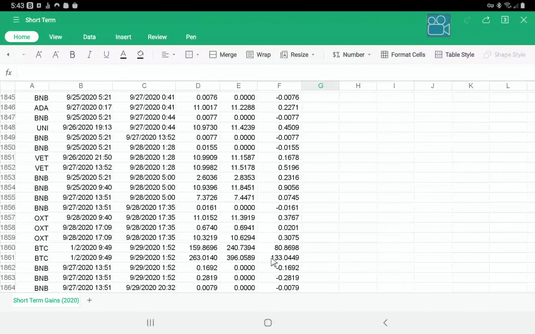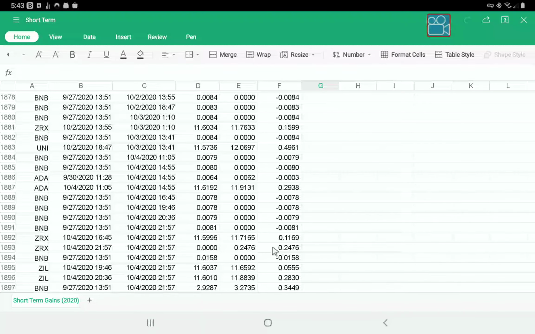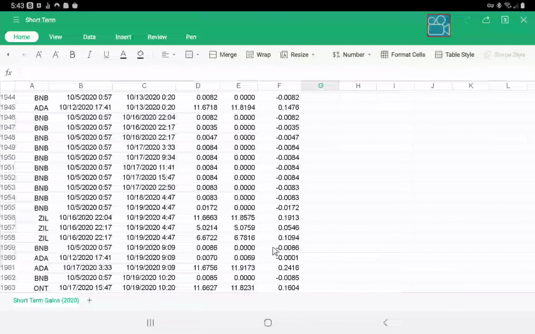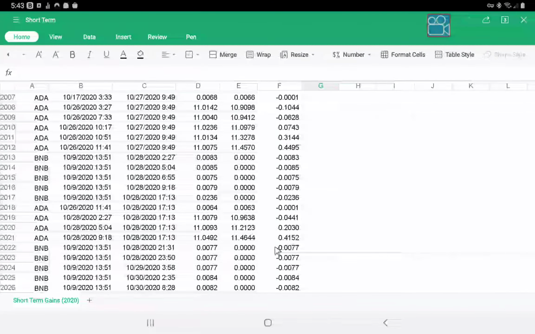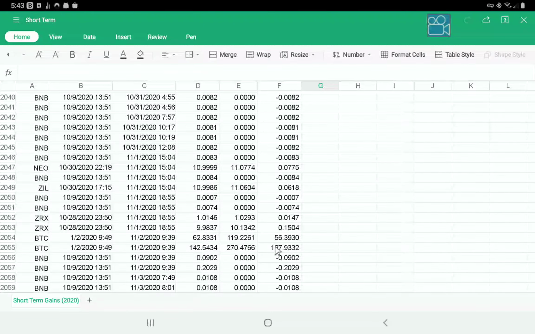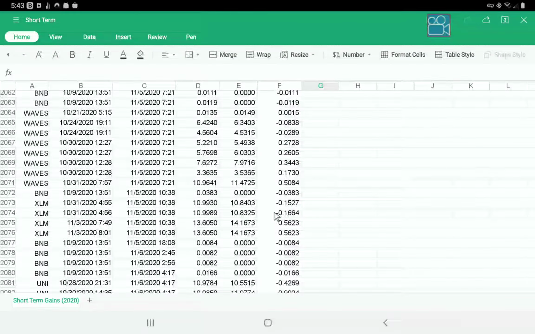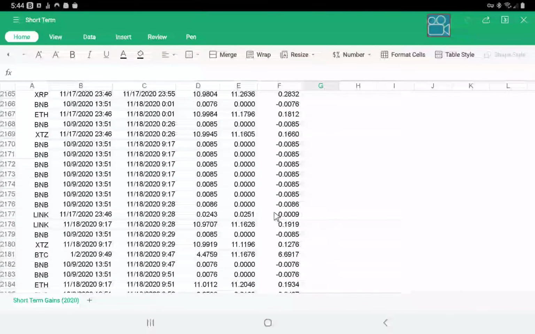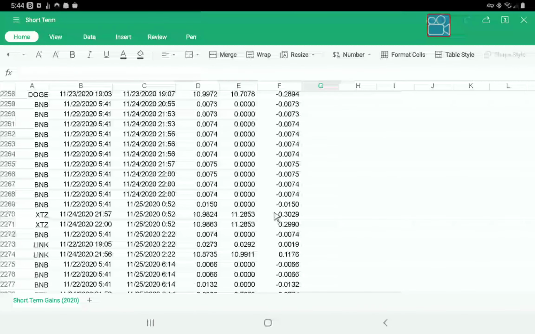Here's a nice juicy little profit. Same here, nice tiny little profit. Okay, let's keep going. Well, we're down to October. Here's a nice little profit, and here's a nice little profit. So profits and losses, both together.